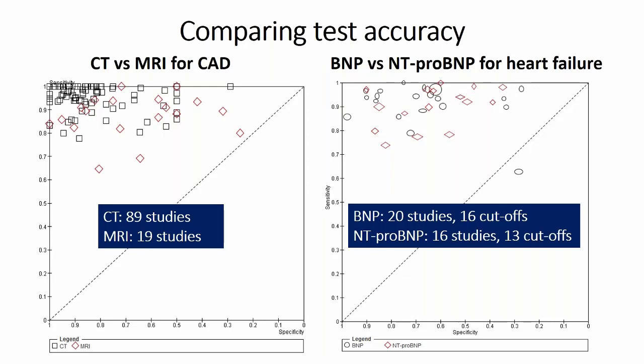For CT versus MRI, we can assume that there's a common threshold, and so it makes sense to estimate a summary point, an average sensitivity and specificity. That isn't the case for BMP versus NT-proBNP, because if we calculate a summary sensitivity and specificity, it's not particularly meaningful because it doesn't relate to any particular cutoff.